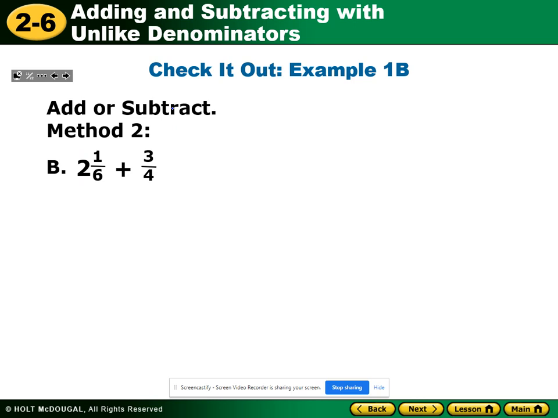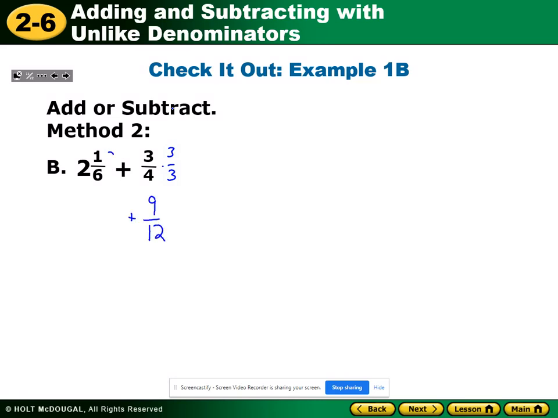Method 2, we want to find the least common denominator. What's the smallest thing they'll both go into? I know they'll both go into 24, but I think I can do better. Maybe you see that, like I do, they both can go into 12. So if I do this one by 3 over 3, I get 9 twelfths.